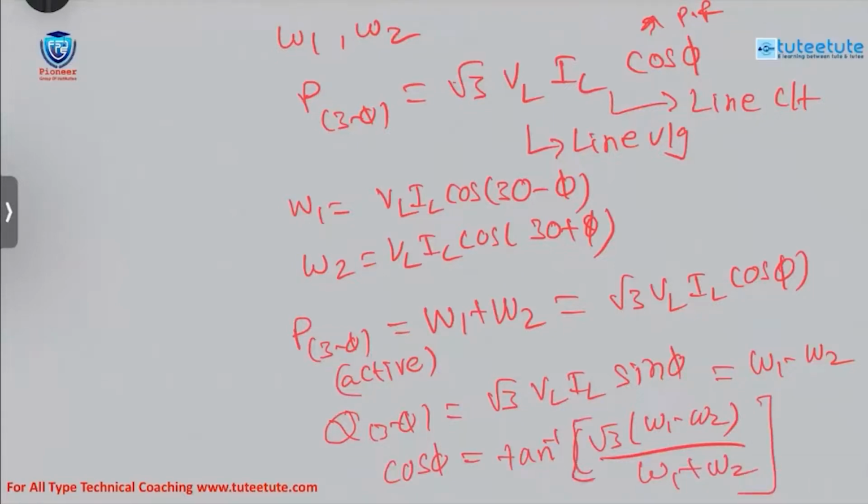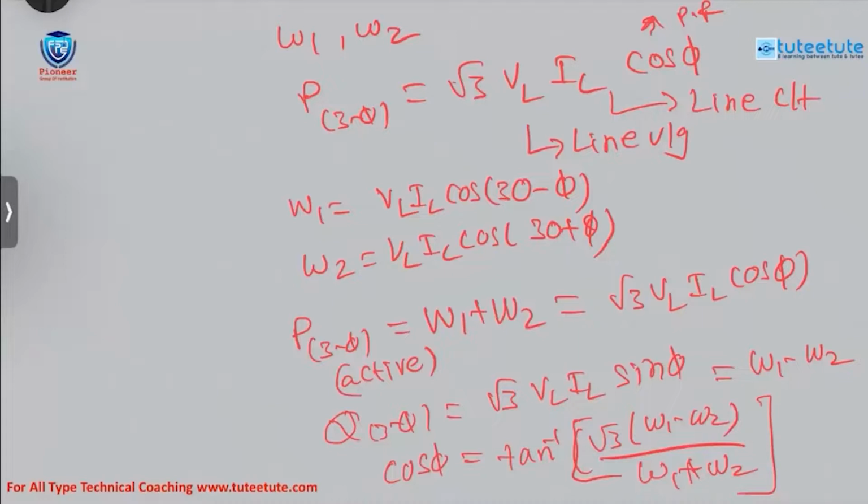This formula is important, sir. You may get a question like this: by using the 2 wattmeter method, how can we calculate the power factor? One wattmeter will show W1, another wattmeter will show W2. From that we need to calculate the active power, reactive power, and power factor.